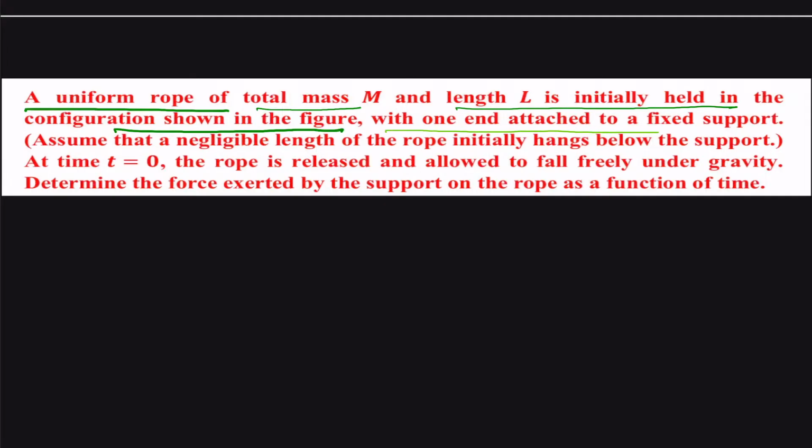One end is attached to a fixed support. Assume that a negligible length of the rope initially hangs below the support. Figure I'll draw later on. At time t equal to 0, the rope is released and allowed to fall freely under gravity. Determine the force exerted by the support on the rope as a function of time.